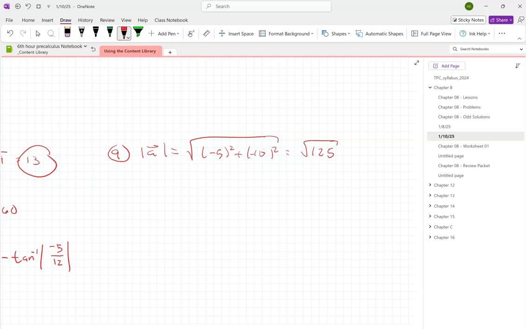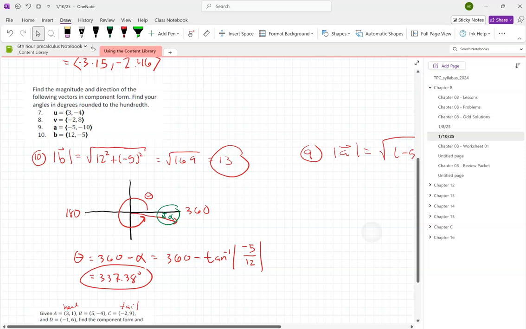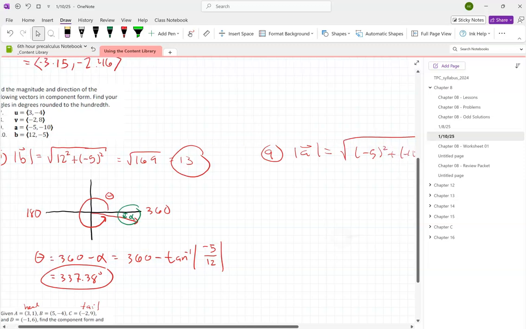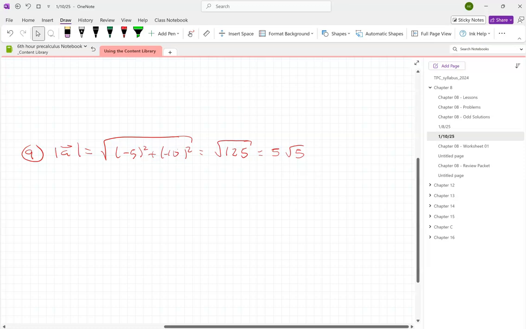That's 25 times 5. Yeah, sure. So that could be 5 root 5. Or, I can't remember what the directions say. It doesn't say anything about how they wanted the magnitude. So decimal, or reduced radical, any of those would be appropriate. The directions aren't specific about that.